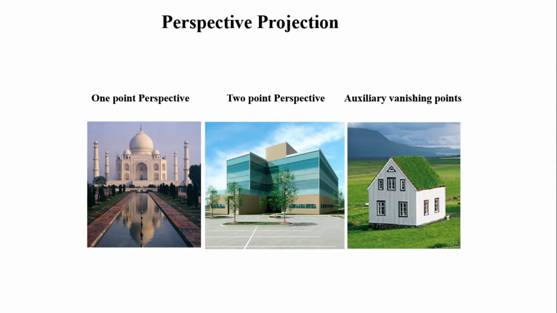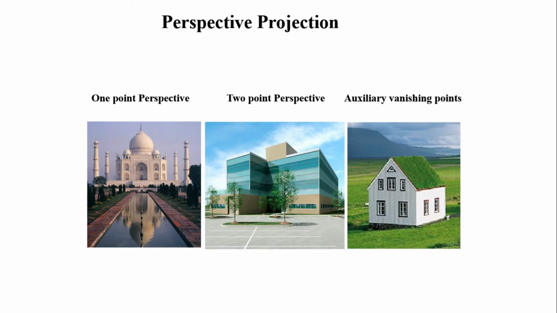In this photo, if we come closer to the Taj Mahal, the length of the waterway will become shorter, and the Taj Mahal will appear very close to us. So that is one sort of perspective. From which point you watch the object is what the perspective drawing depends on.